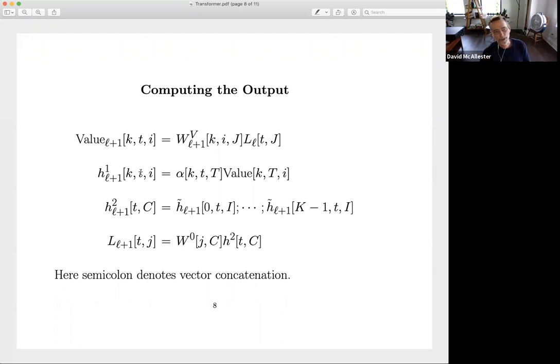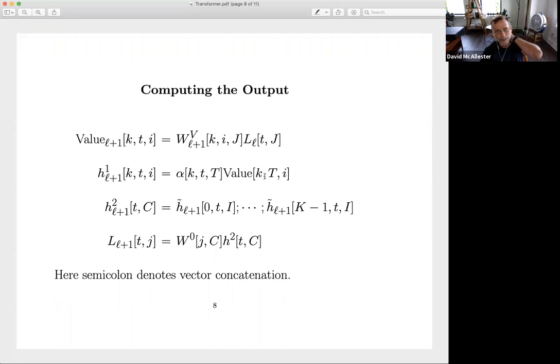Okay, so we get a query, a key, and a value all computed the same way. And then what we do is we're going to construct this in pieces. We're going to get a first layer, which is this convex combination. This is taking the attention over the other position, and we're taking a convex combination. When we sum over t, this is a capital T and a capital T here.